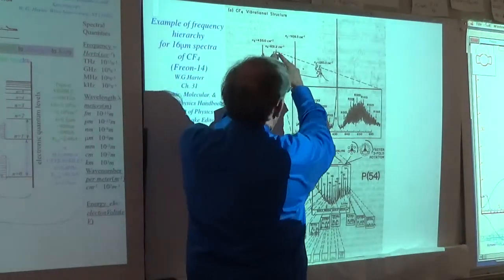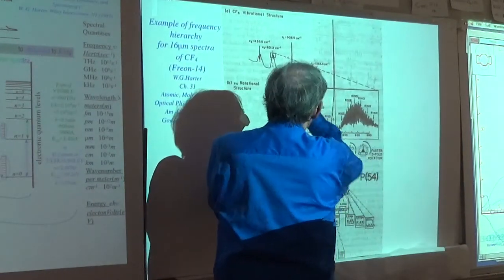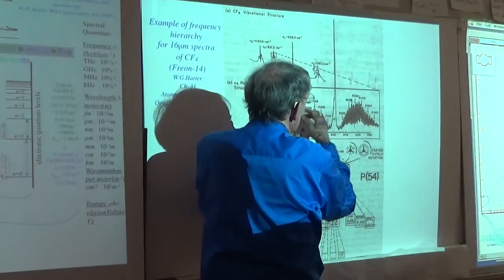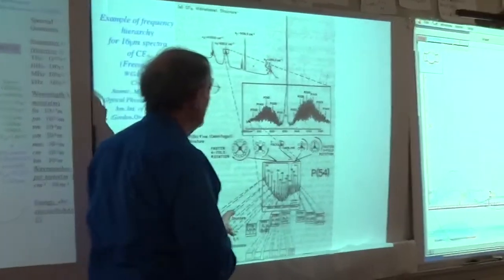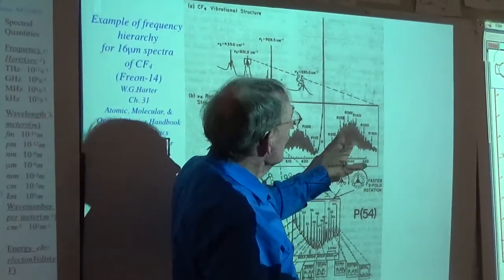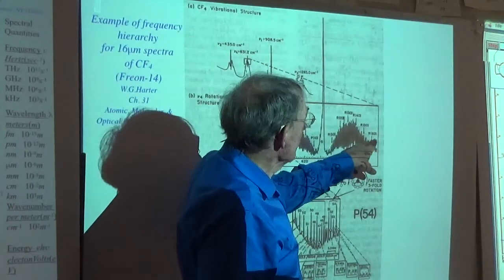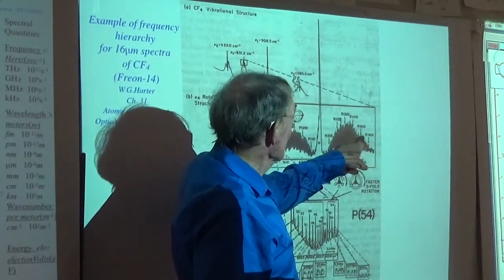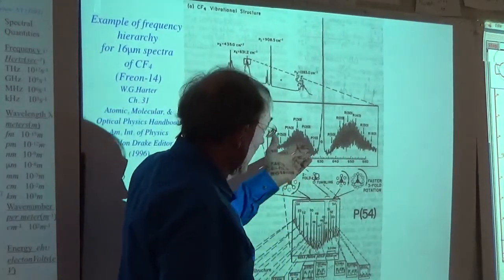But this, with Fourier transform spectroscopy, blows up this thing, and so do the other ones, blows up to this hierarchy right here, where you're actually seeing the individual rotational excitations with angular momentum ranging up to 60 or 70 here. This is 30 and 40 right here. And there's a letter R on that.